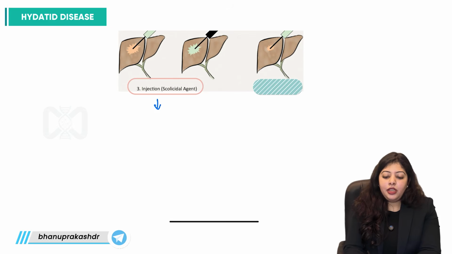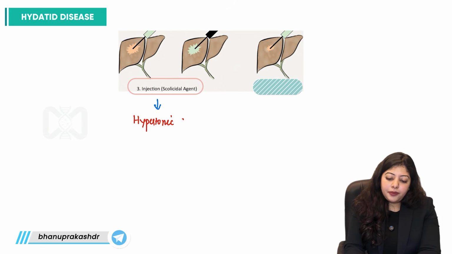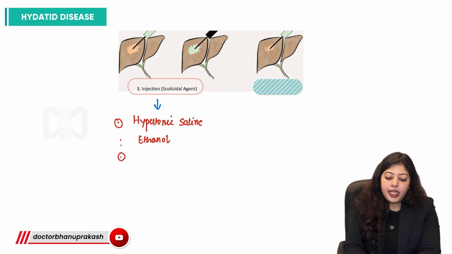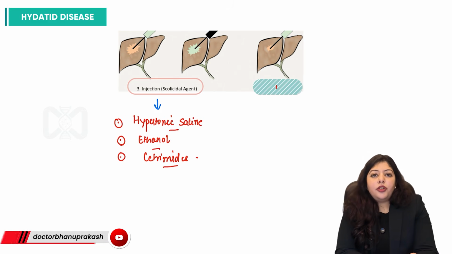Most commonly, we are going to inject hypertonic saline, and alternatively, we can use ethanol, and we can also use cetrimide as scolicidal agents.